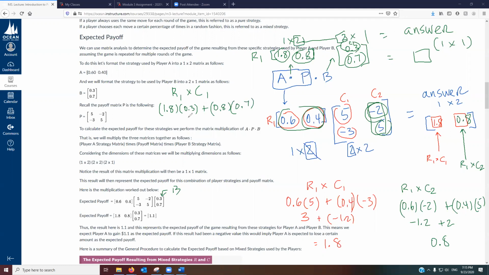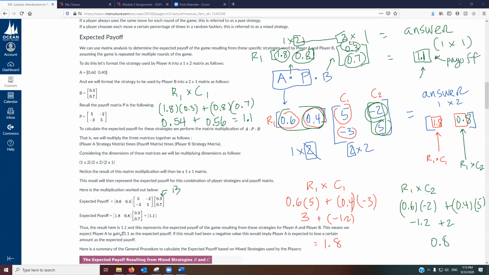Let's see, 1.8 times 0.3 is 0.54. And then 0.8 times 0.7 is 0.56. And if I add those together, I get 1.1. So this answer is 1.1. That's the payoff. That's my answer.